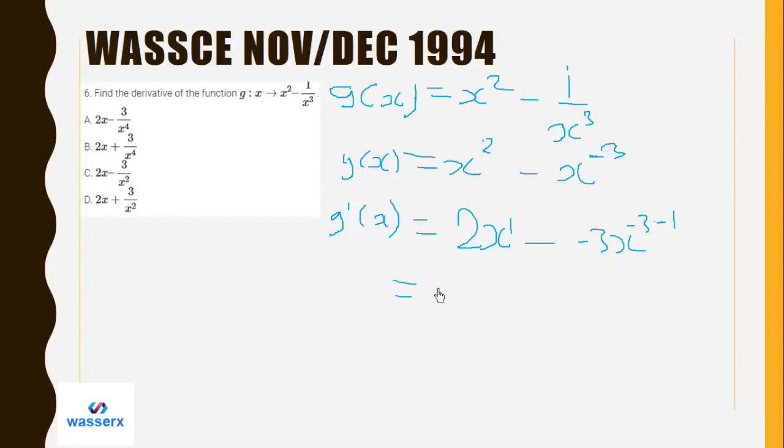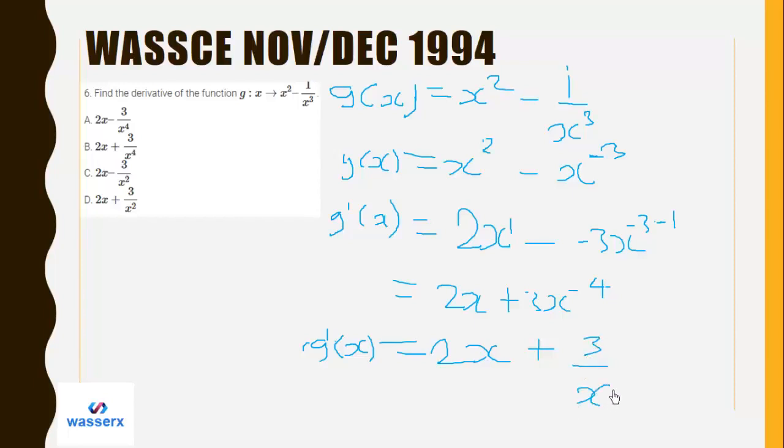So this will be equal to 2x, minus will give us plus, 3x to the power negative 4. So we simplify this to obtain our g prime of x to be equal to 2x plus 3 over x to the power 4. We use the law of indices again to simplify this. So the correct answer is B.